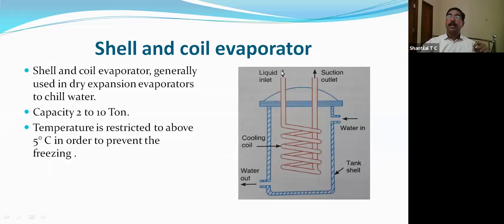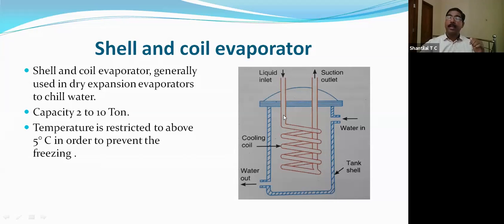Here, liquid refrigerant in and refrigerant out, that means primary refrigerant in and out, and this is secondary water, meaning secondary refrigerant in and secondary refrigerant out. This is known as the coil, and the outer part is known as the shell or tank shell. So first there is a shell, and inside there is a coil.